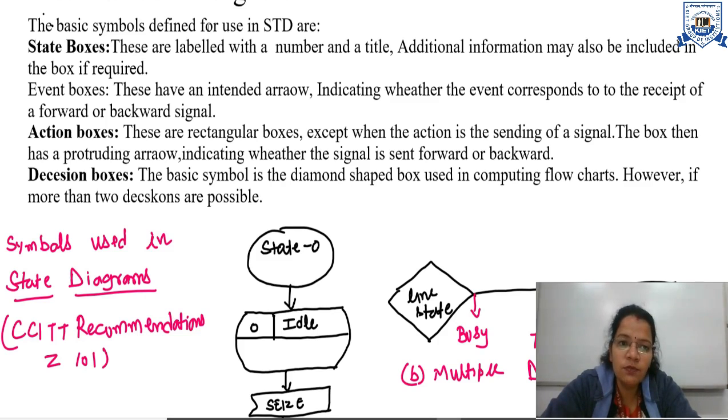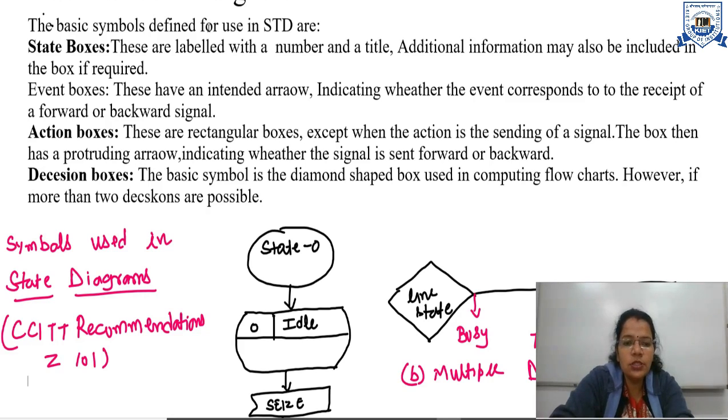The next is event boxes. They have an indented arrow indicating whether the event corresponds to the receipt of a forward or backward signal. Then action boxes are rectangular boxes except when the action is sending off a signal. The box then has a protruding arrow indicating whether the signal is sent forward or backward.